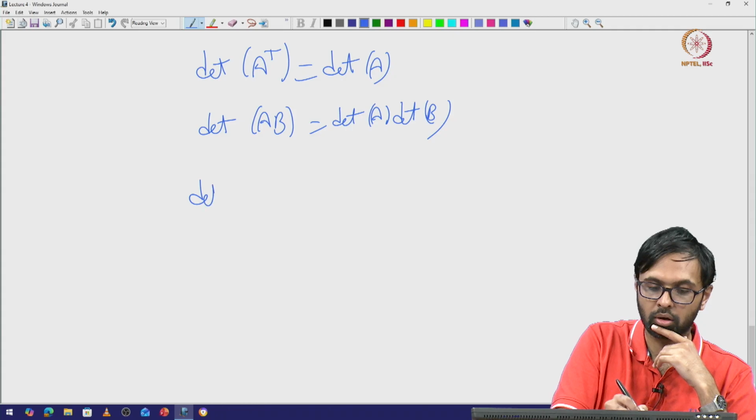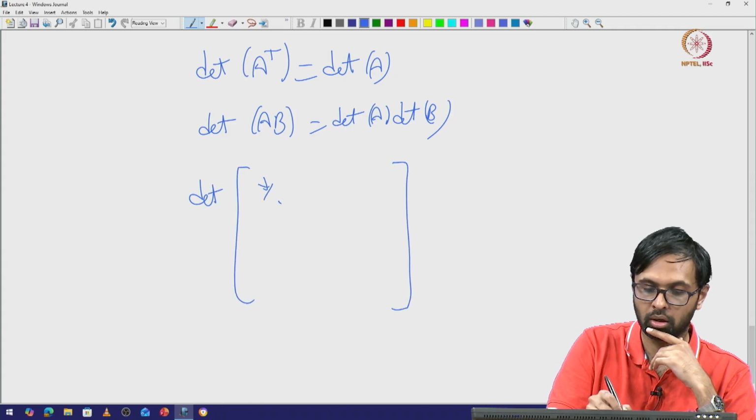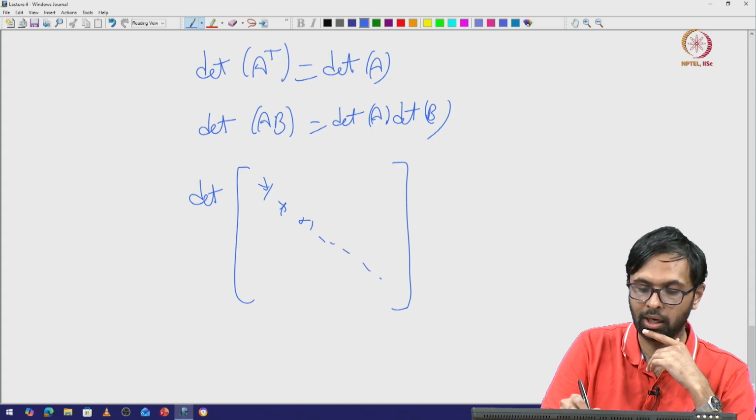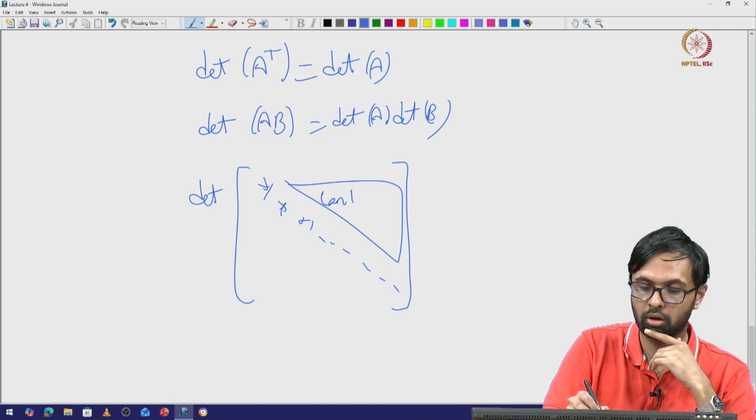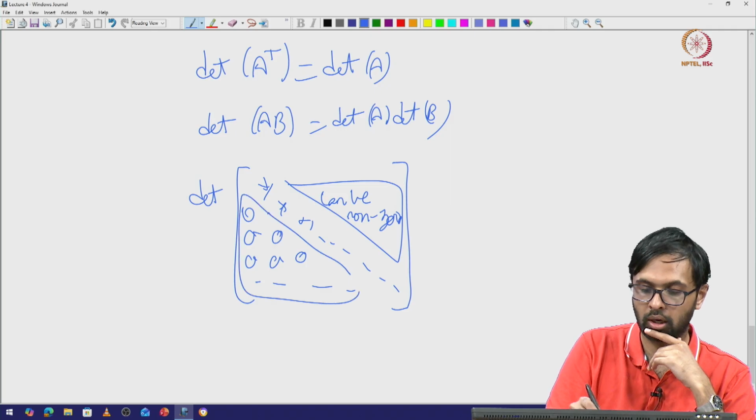The determinant of a so-called upper triangular matrix, what does that mean? You have the diagonal entries can be non-zero and everything here can be non-zero, but everything below the diagonal must be 0. All of these are 0.